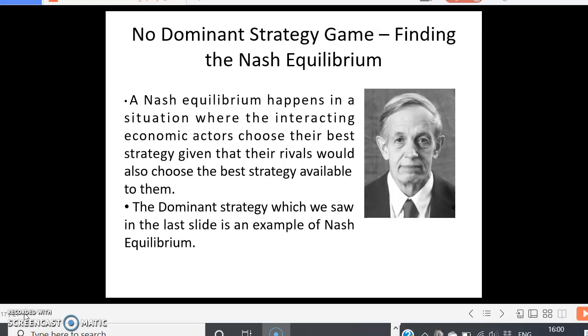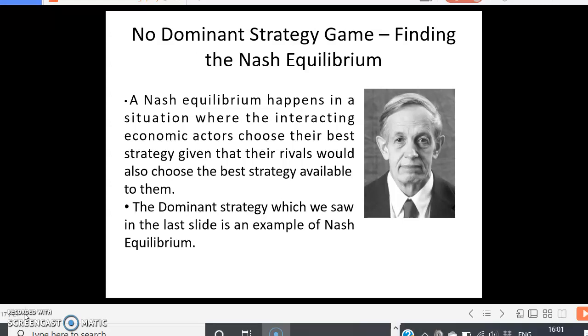So, the dominant strategies which we saw in the last two games were also examples of Nash equilibrium. Because how did we arrive at dominant strategy? We looked at one player and we said, okay, amongst the two strategies, which one is the best for him? Nash equilibrium is also arrived at in a similar manner, where the rivals individually are going to choose a strategy which is best for them.